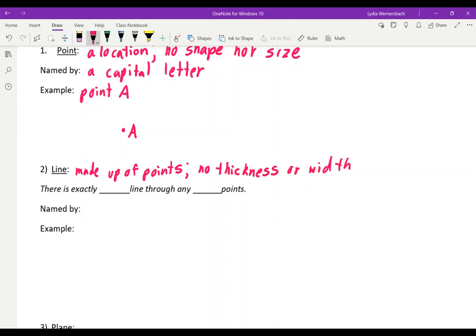So when we're talking about a line, we're really saying, if I put a bunch of points one after the other over and over again, eventually it's going to create a solid line. And so really a line is just a large collection of points. And so there is exactly one line through any 2 points.